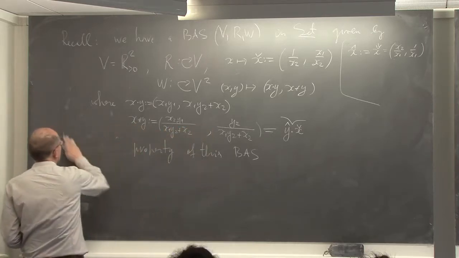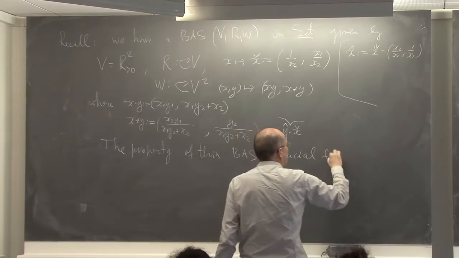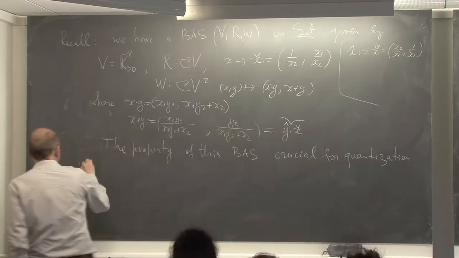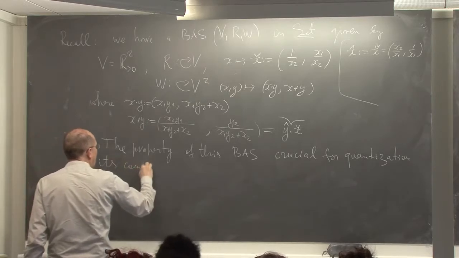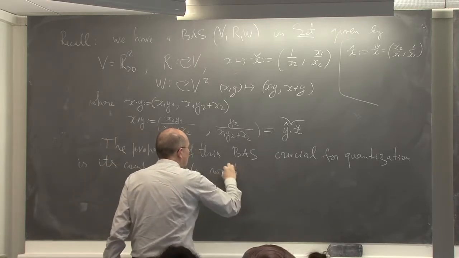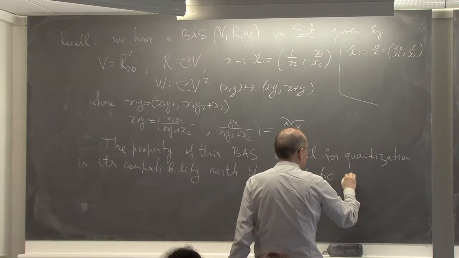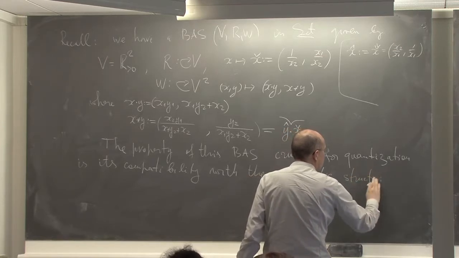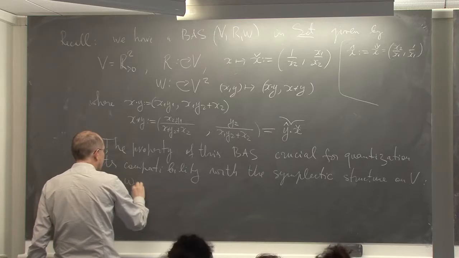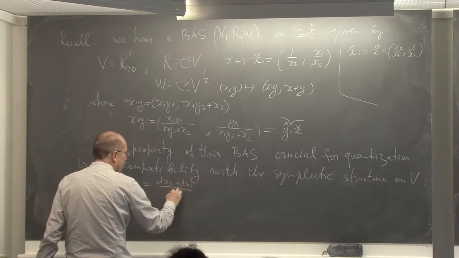The property of this basic algebraic system, crucial for quantization, is its compatibility with the symplectic structure on V given by the two-form dx2 wedge dx1 over x2 x1.